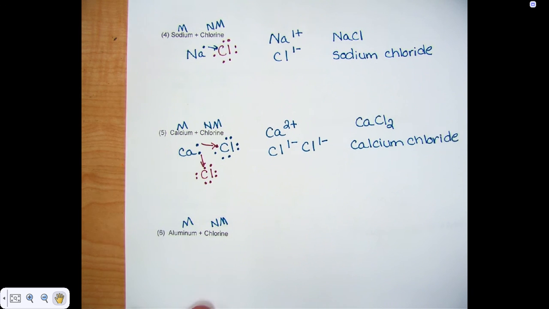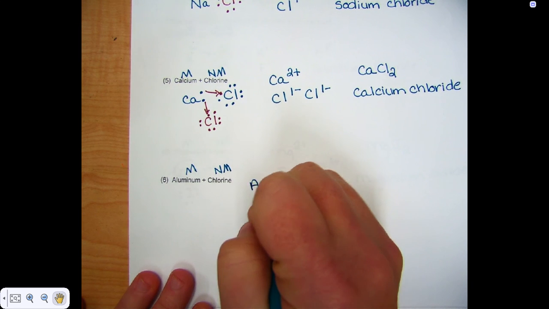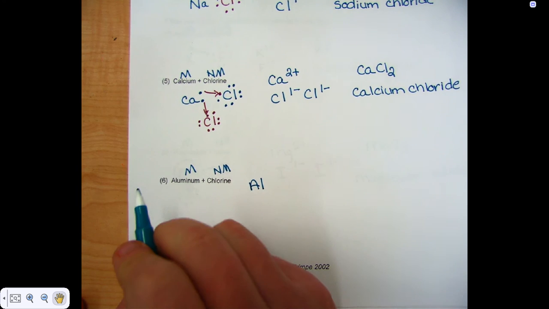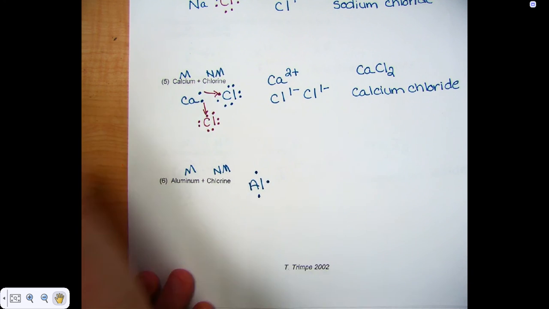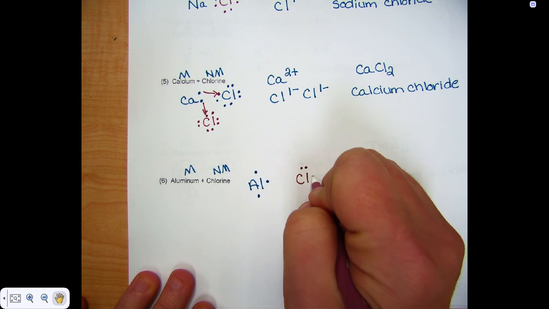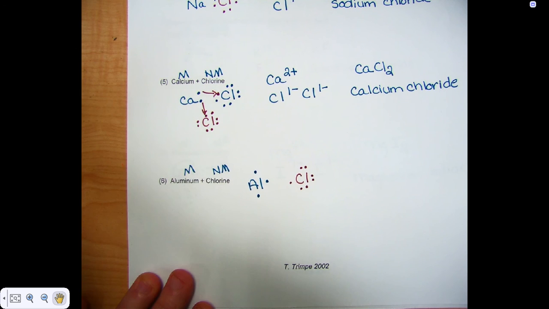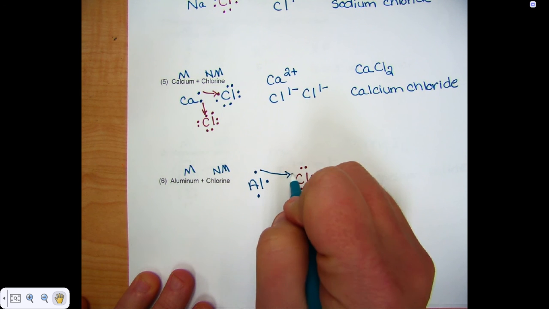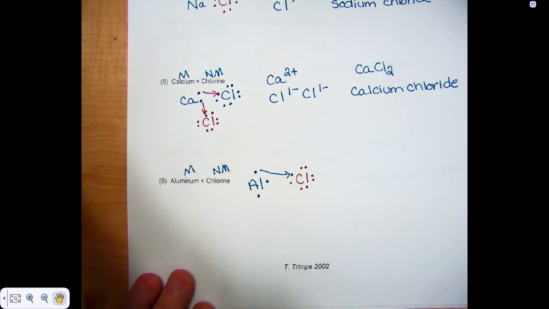All right, and then your last one, aluminum, has 3 valence electrons. 1, 2, 3. Chlorine has 7. All right. Am I done? No, because these two need a home.